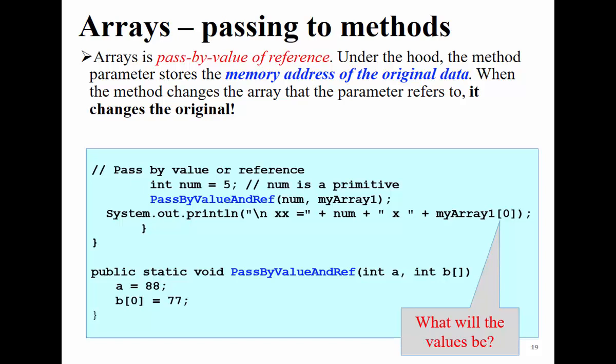When we pass an array to an application or a form, or you share your array with somebody else, you're sharing the reference where the array is stored in memory, so the client can access the array and change it. So in this case, we are sharing my array 1 with pass by value and reference, and this will affect the value of the array. It's dangerous because the client can change the value of the array once he obtains the reference.